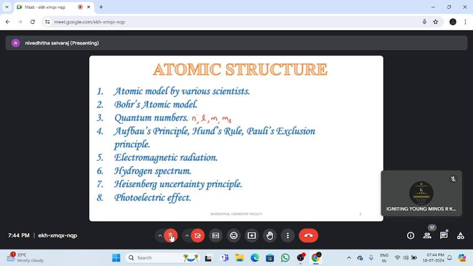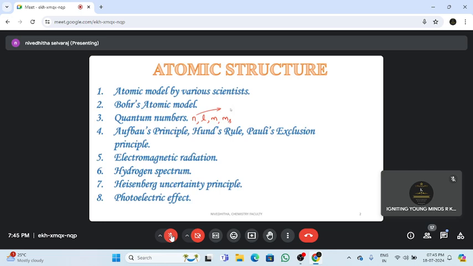Basically, principal quantum number represents what? It represents the number of orbitals, that is n. Okay, basically that represents the shell or energy level.